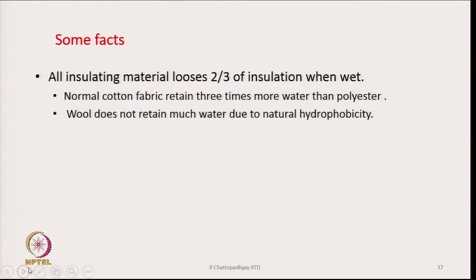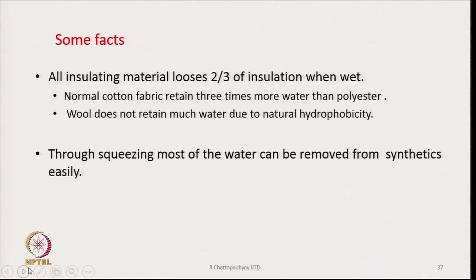Some more facts to remember: all insulating material loses 2/3 insulation when wet. Normal cotton fabric retains 3 times more water than polyester. Wool does not retain much water due to natural hydrophobicity. The surface of the wool is such that it is highly hydrophobic in nature. The scales are there and they do not absorb moisture.